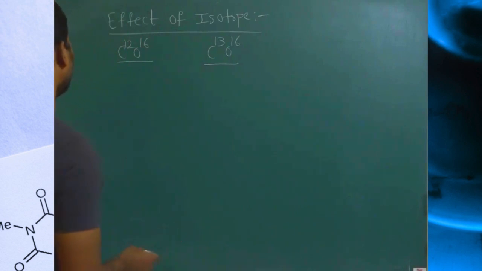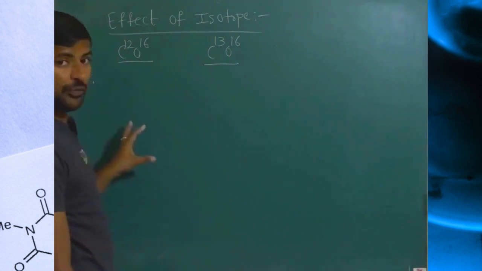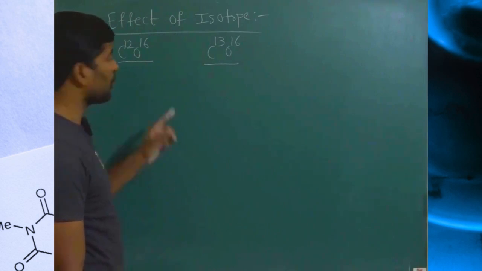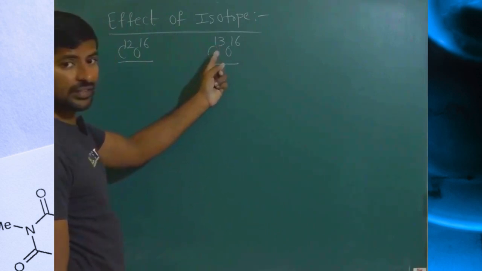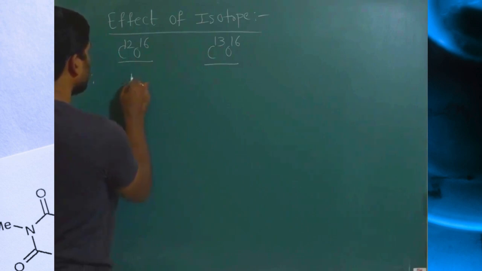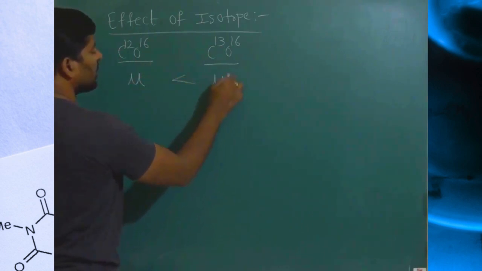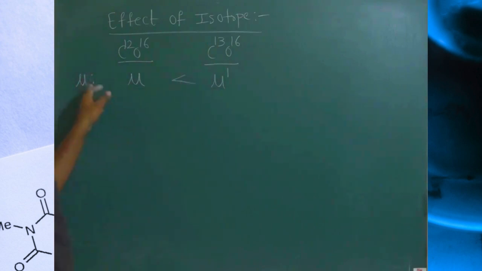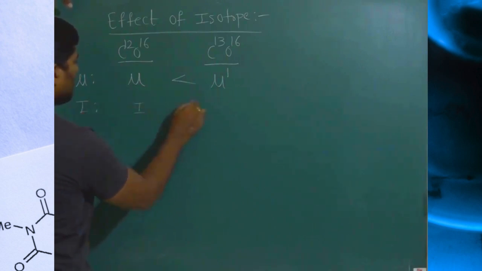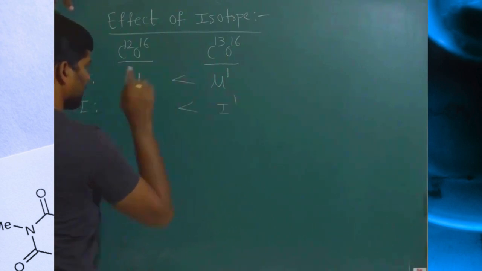If you see, first take mu, and mu is equal to m1 m2 by m1 plus m2. Here mass 13 we have, here 12 we have. So therefore the reduced mass mu of C13O16 is more compared to C12O16. Now I is proportional to mu. So therefore I is less than I dash.